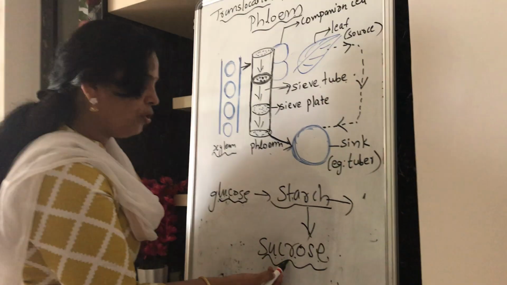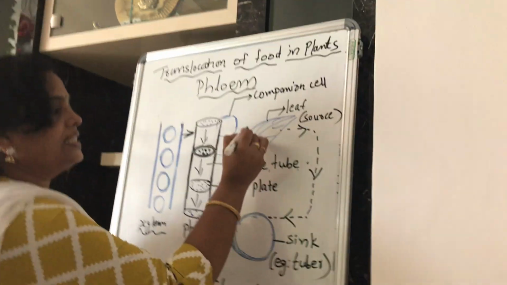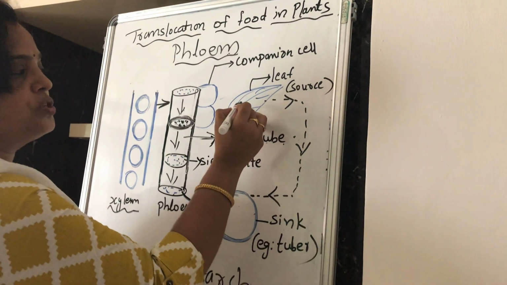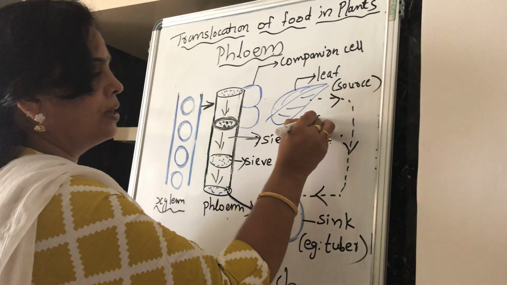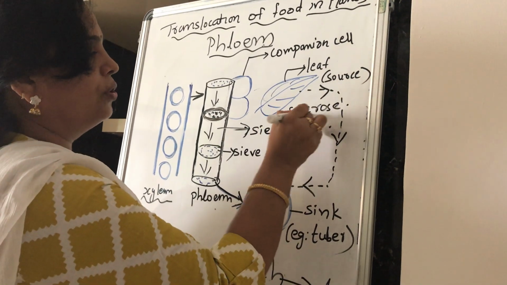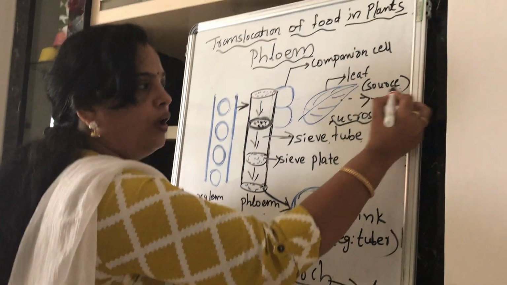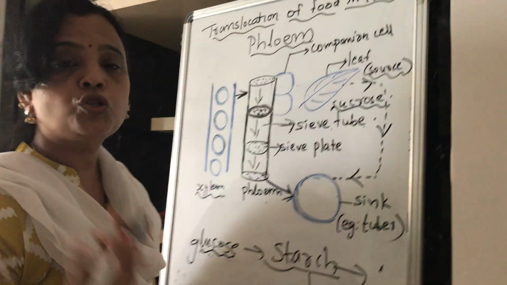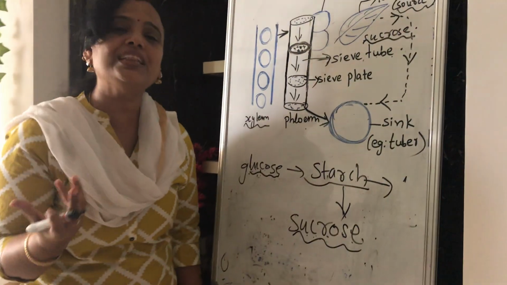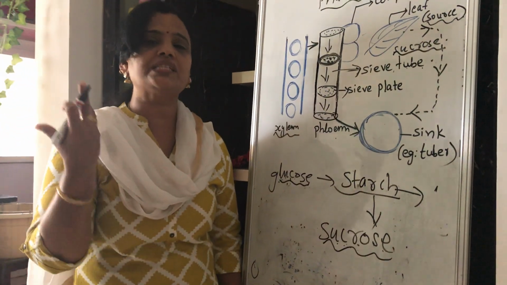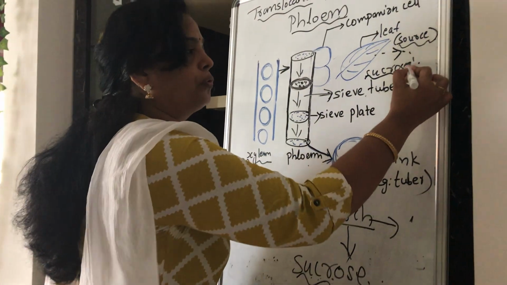So let us take that the food produced by the leaf is sucrose. Since this sucrose is produced in the leaf, let us call it the source of the food. From where do you get the food? The source of the food is the leaf, in the form of sucrose.